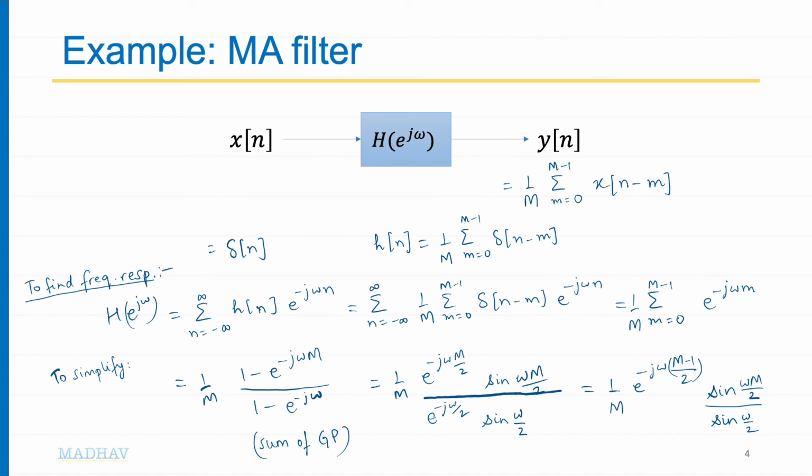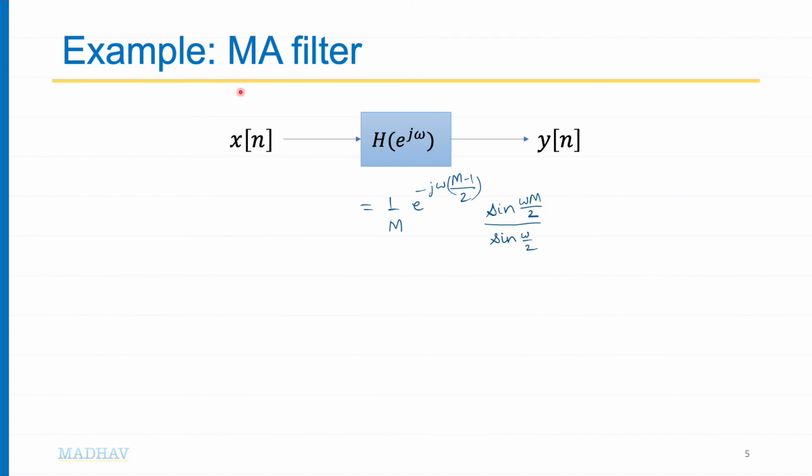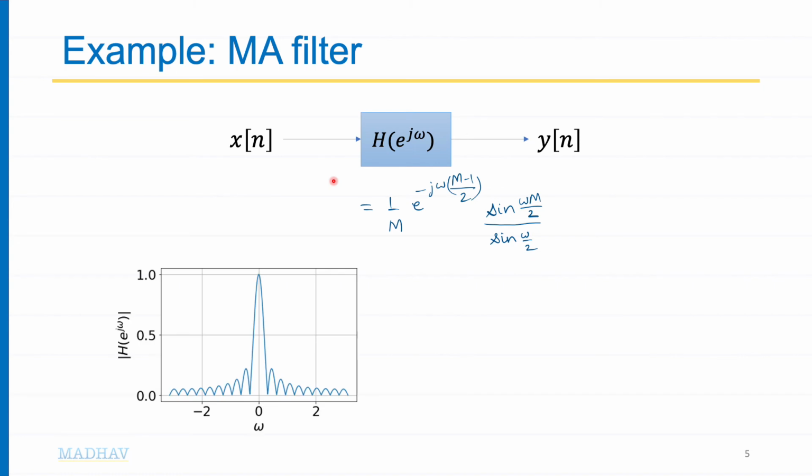So let us plot it. This is my system. I just wrote the same equation which we derived. Now if I plot this, how does it look? This is my magnitude response, or my gain. You can see that when omega is close to 0, you can apply L'Hopital's rule: sine of omega M upon 2 is approximately equal to omega M upon 2 when omega goes to 0.